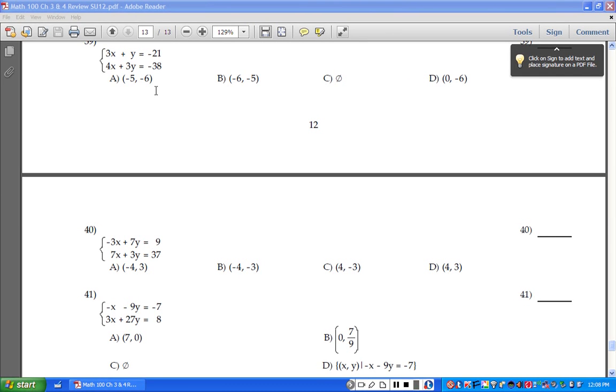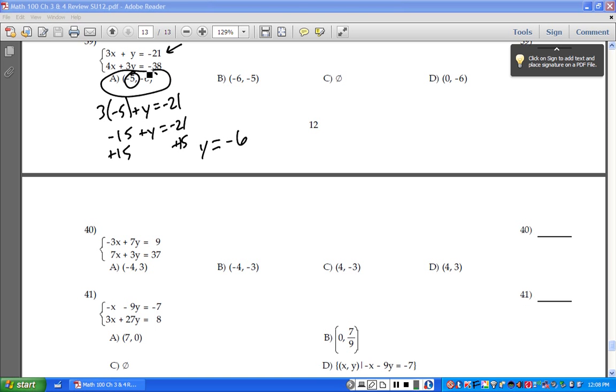I'm plugging into this initial equation. So negative 15 plus y equals negative 21, plus 15 on both sides. Y equals negative 6, right? So there's the answer, A. X would be negative 5, y would be negative 6.